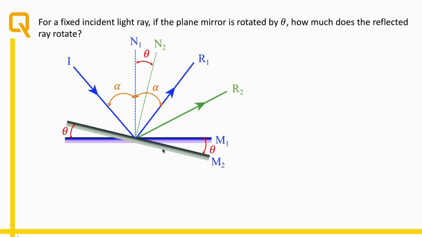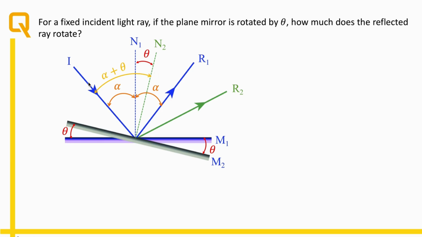After rotation, the angle of incidence becomes the angle between I and N2. We show this as alpha plus theta, because the normal line has moved from N1 to the N2 location.